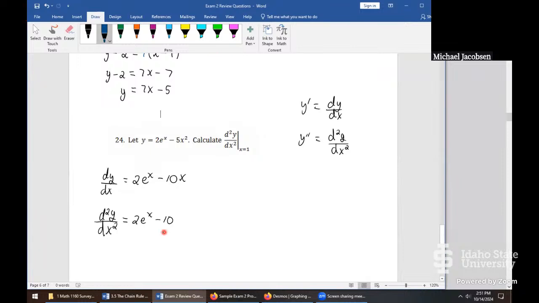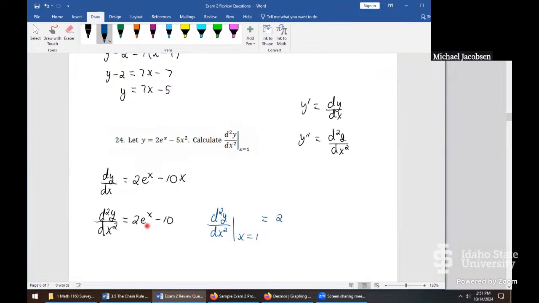And here's where we're going to now do the evaluation. But any questions at all, folks, to get to that step, the second derivative? Okay, so finally, calculating this thing out looks like this. d2y/dx2 evaluated when x is 1 means we take this whole thing, plug 1 in for x.